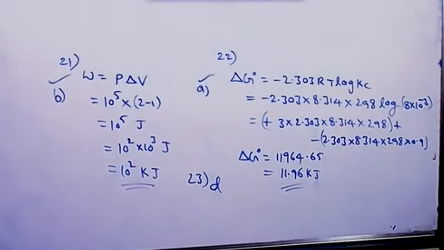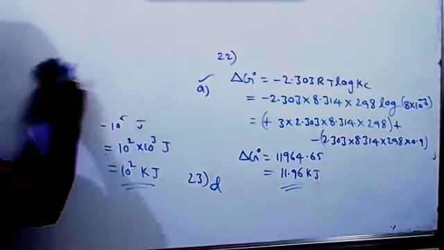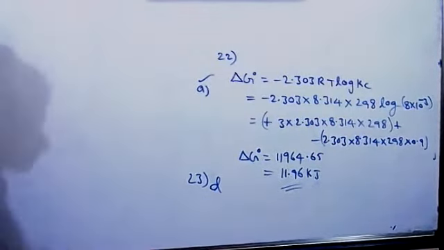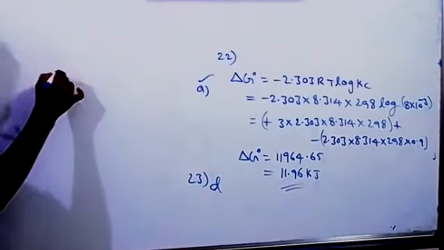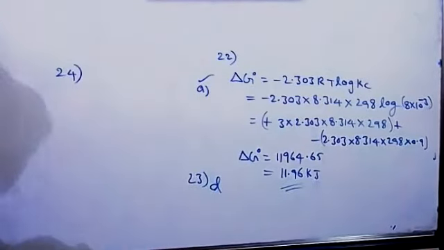24. The process is spontaneous at the given temperature if... Choose the correct option. So at a given temperature means at any temperature. At any temperature, which conditions are favorable for a spontaneous process?